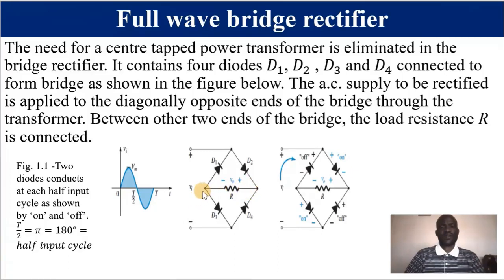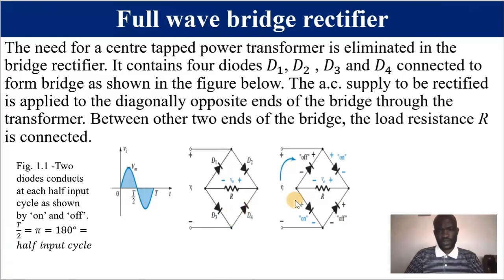Let me say that this is our positive output, this is our negative output, and this is our input signal, 0 to pi and from pi to 2 pi. The AC supply is fed into the bridge through these 2 terminals, the diagonal or opposite ends of the bridge.